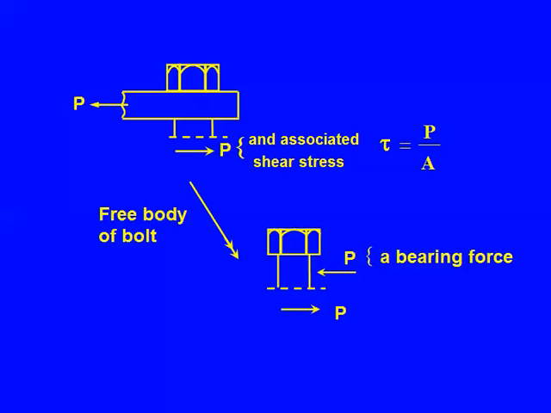I cut more or less at the interface, and it's not in equilibrium at the moment. There's an applied force going to the left called P. It's not in equilibrium. The only place that a force can show up that will keep it in equilibrium is on that cut. And the only direction it can be is, in this case, to the right. So there it is.